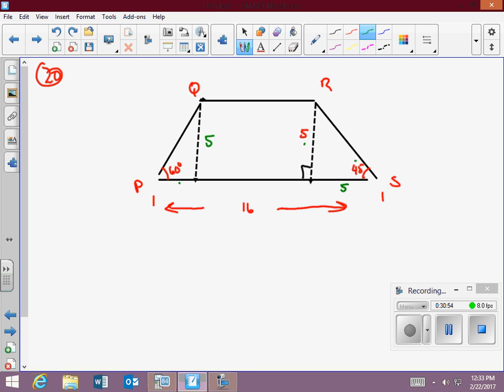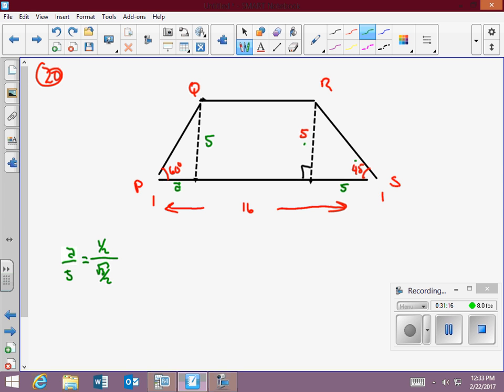You could call this side A, and you could say 5 is the square root of 3 over 2, and A is 1/2, right?